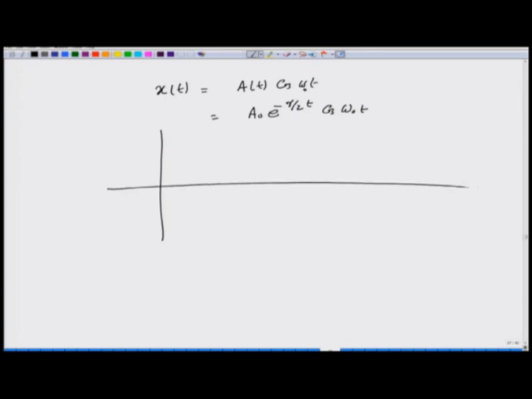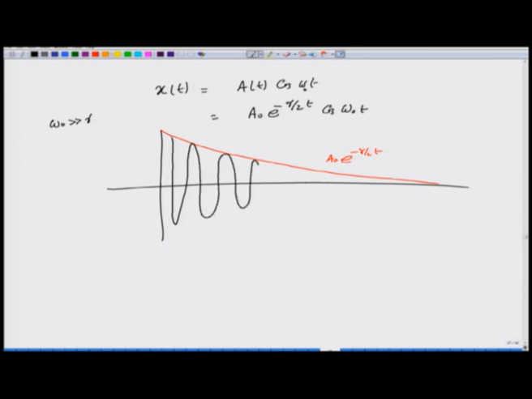Let us see how it looks. Amplitude we said changes like exponential e raised to minus gamma by 2 t, and notice that omega 0 we have been taking is much greater than gamma. So, oscillations take place with much larger frequency, and the amplitude is going down with time like this.